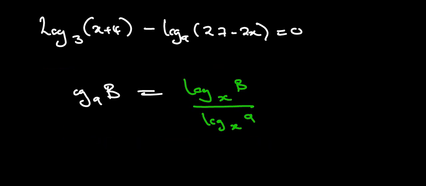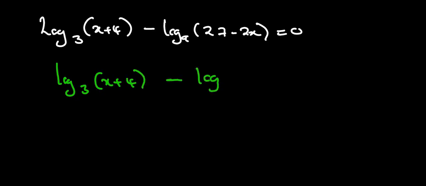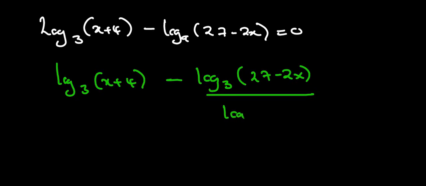So this is what you have in terms of changing the base, right? So now we want to change the log of 27 minus 2x, changing it to base 3. So this will be log, the new base is 3, of 27 minus 2x to base 3, equal to log, the new base is 3, of 9, equate this to 0.